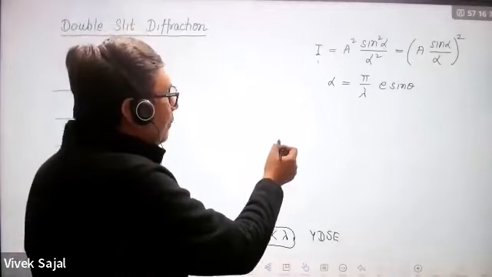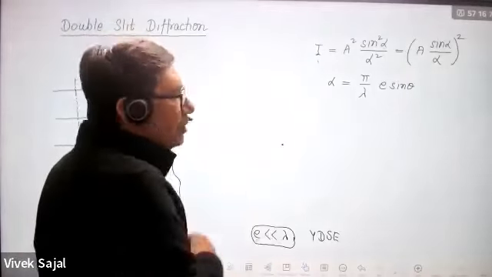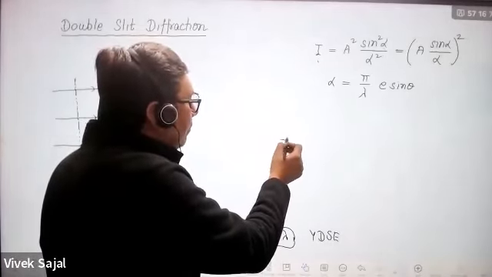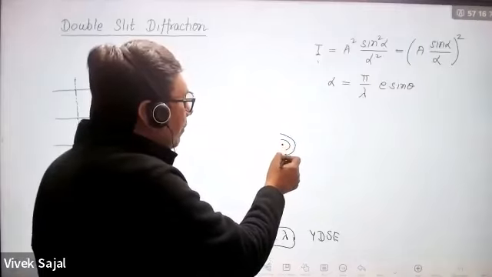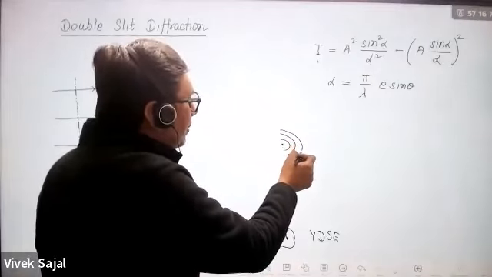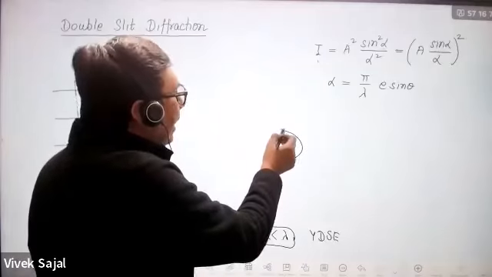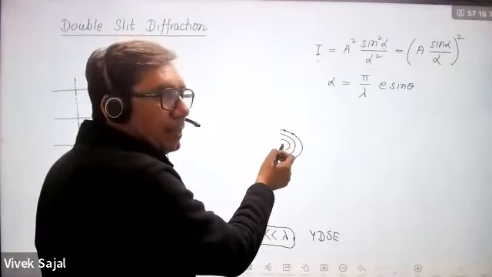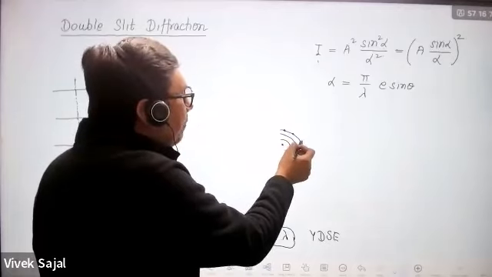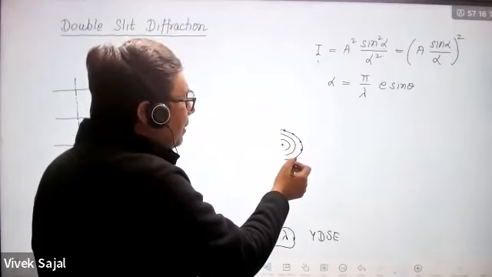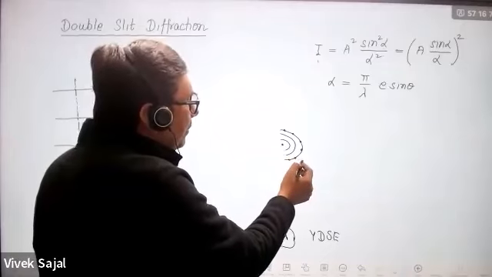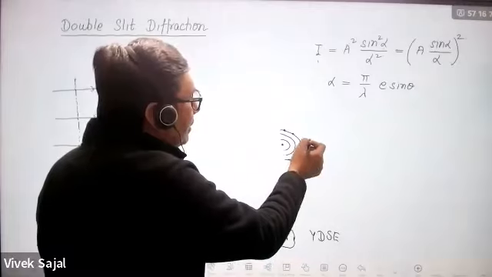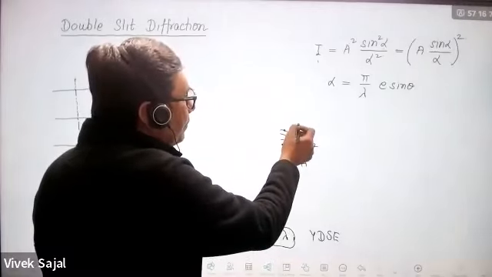In case of a point slit, you are going to have wavefronts emerging from the slit, and at every point of the wavefront the intensity will be the same, a squared here, a squared here, a squared here.